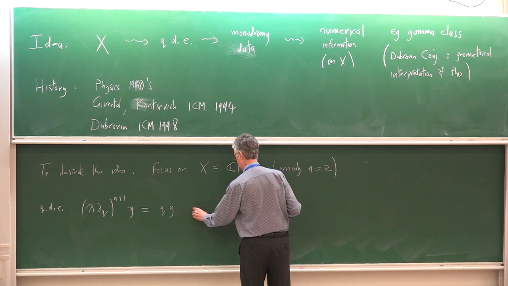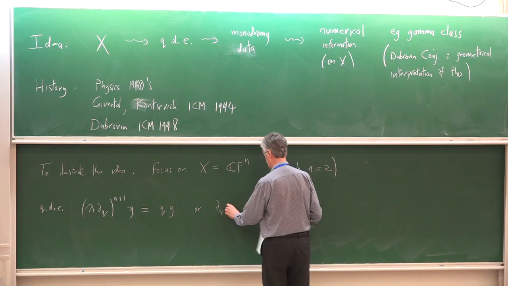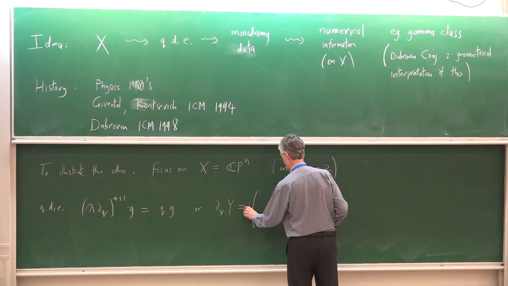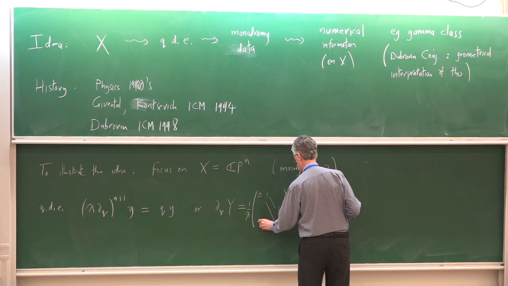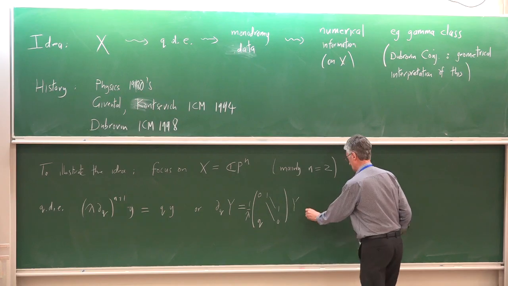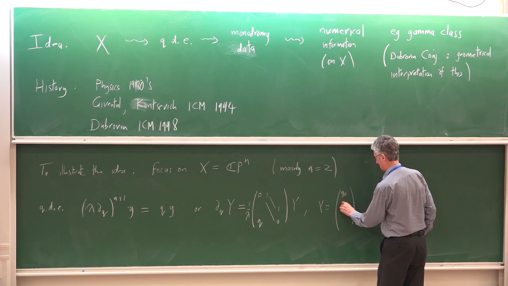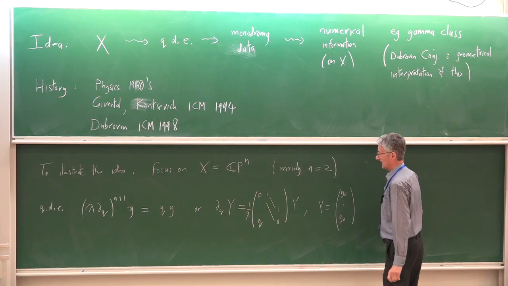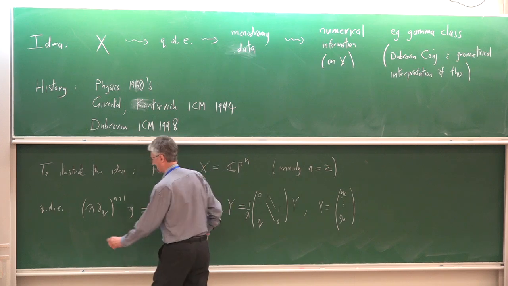That's the scalar form, and I could write it as a first order matrix vector equation, like this. Y is a vector (y_0, ..., y_n), and y is, of course, a function of q. q is a complex variable.